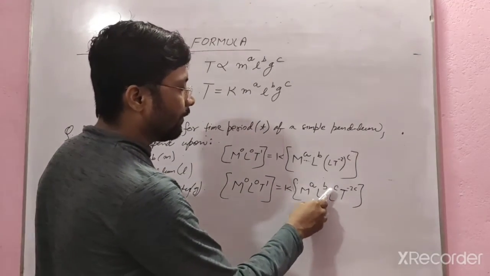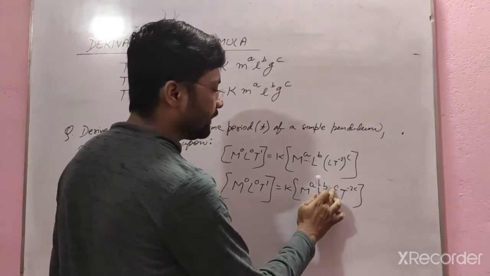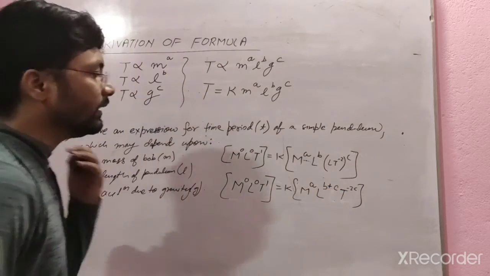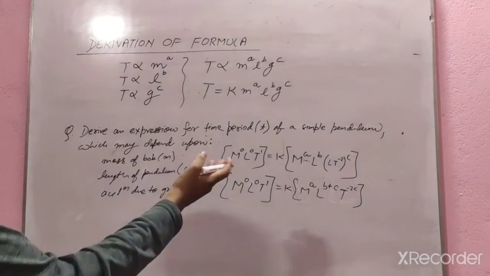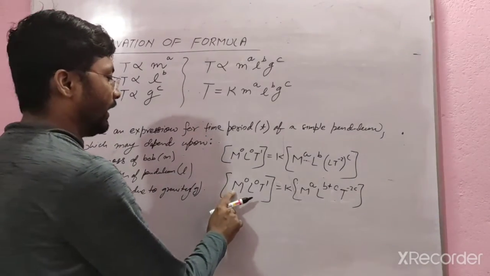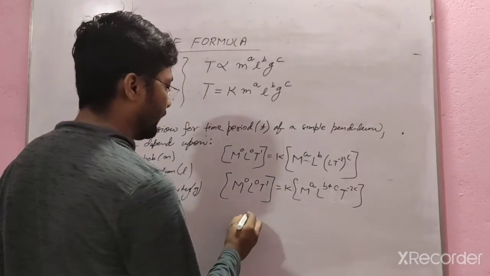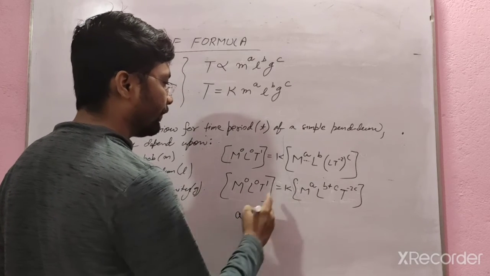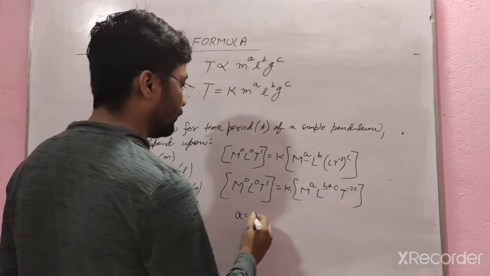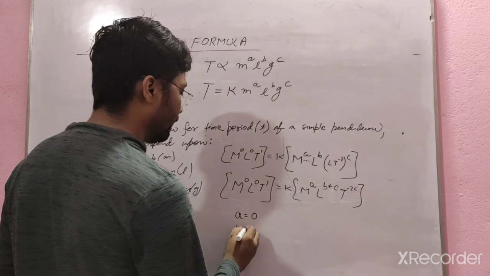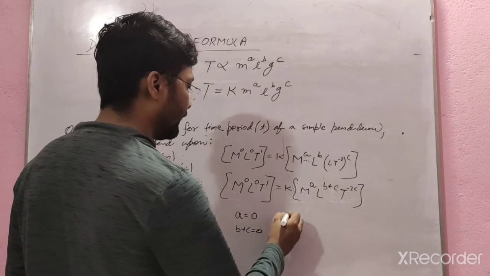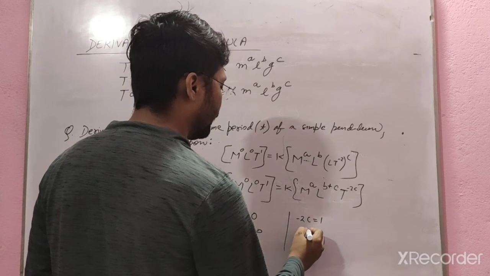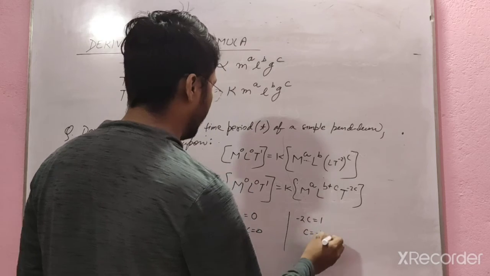Now L to the power b and L to the power c can be written as L to the power b plus c. Now just compare the equation. Here M to the power 0, M to the power a, so a equals 0. Here L to the power 0, L to the power b plus c, so b plus c equals 0. And T to the power minus 2c equals 1, so c is minus 1/2.